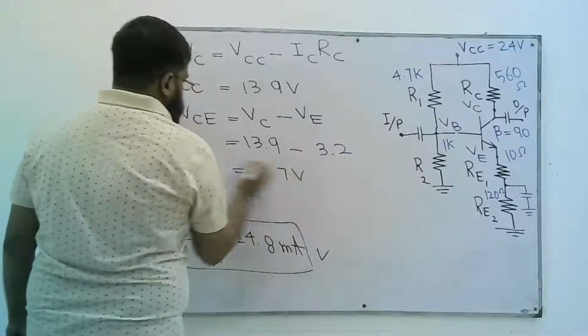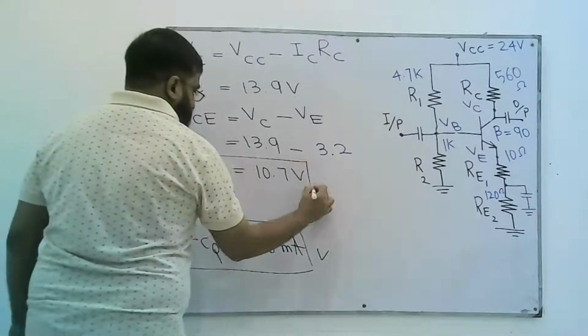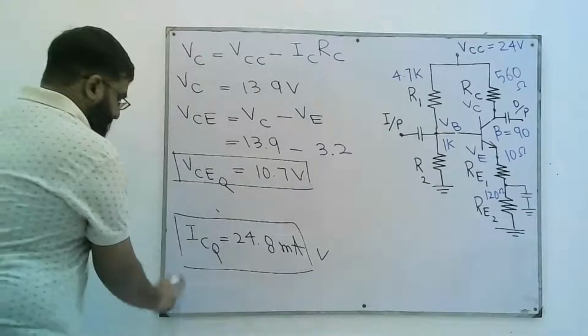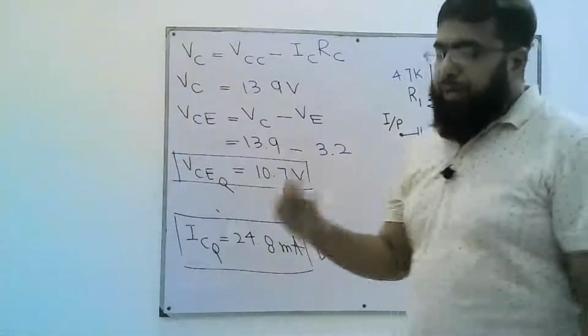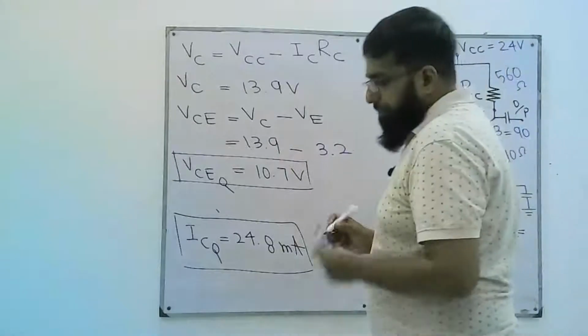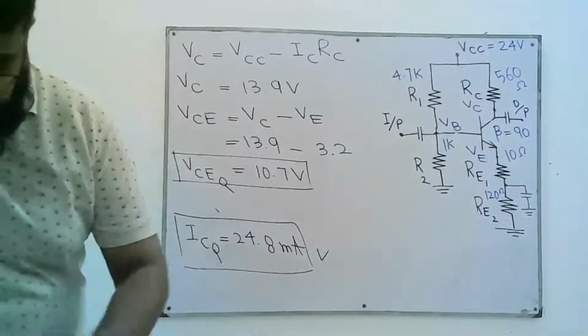VCE is 10.7 volts. So this is the Q point VCE and this is the Q point IC. So now we have computed both unknowns to compute PDQ, the minimum rating of the transistor.